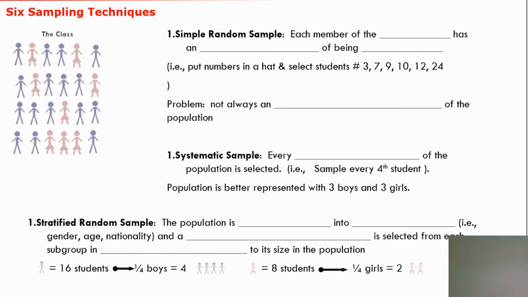Okay, here are sampling techniques. So how do we gather our answers? So in a class, you could say we have a simple random sample.